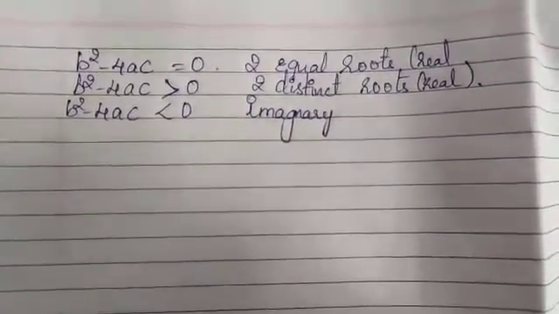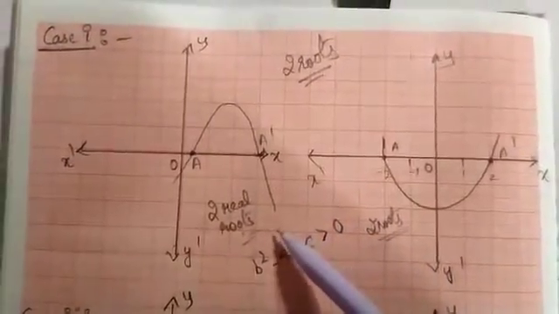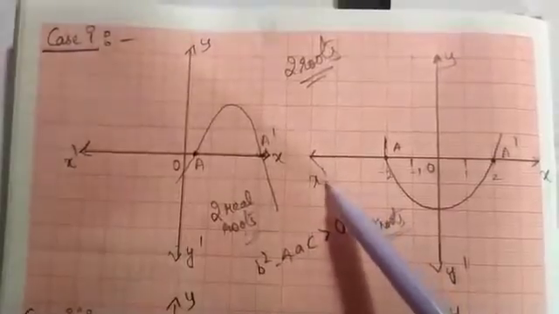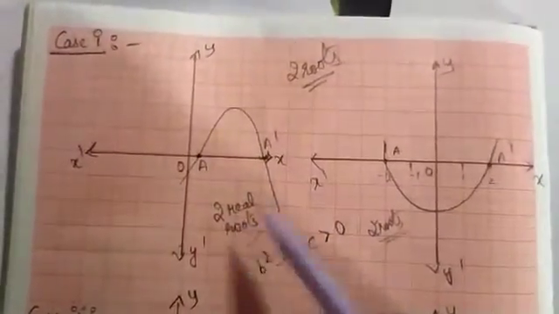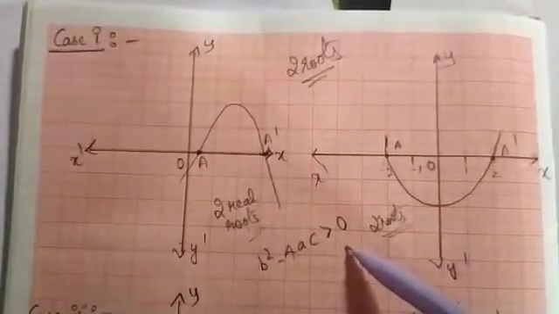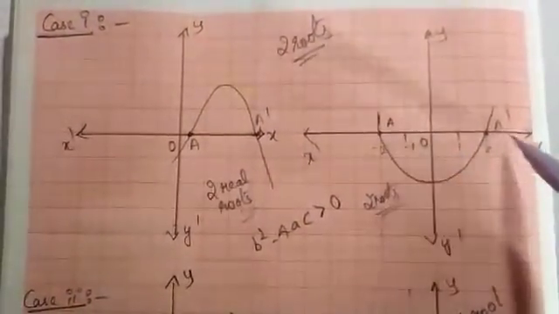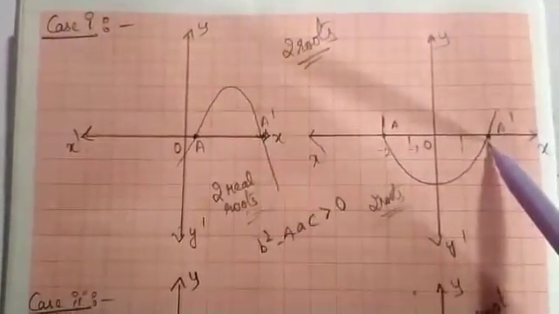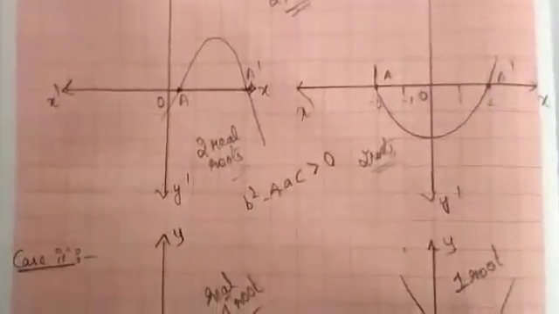Similarly, you can relate the discriminant with the graph also, which you will get in the polynomial chapter. You can see there are 2 roots here, that means b square minus 4ac is greater than 0. This is a graph for 2 distinct roots, where the graph meets the x-axis, those points are the roots of the given quadratic equation.